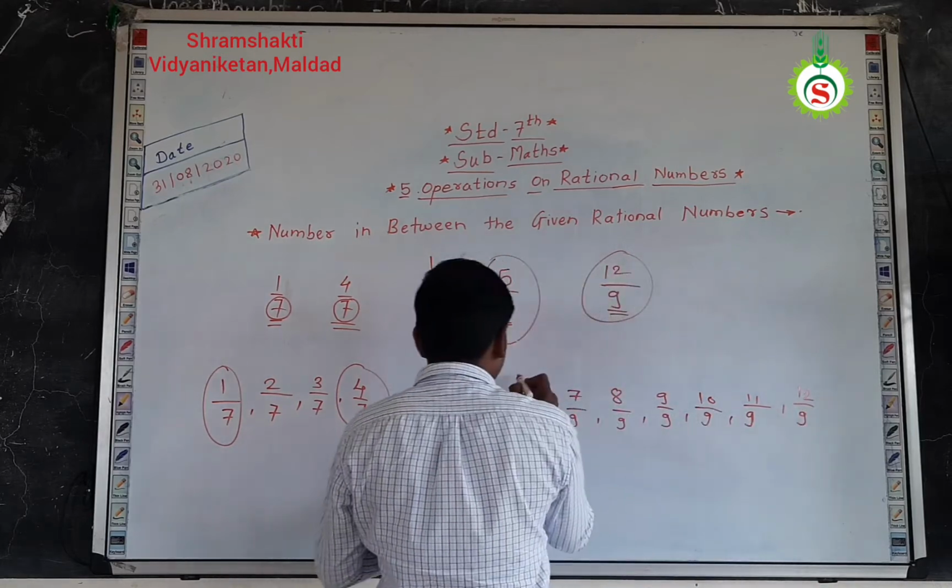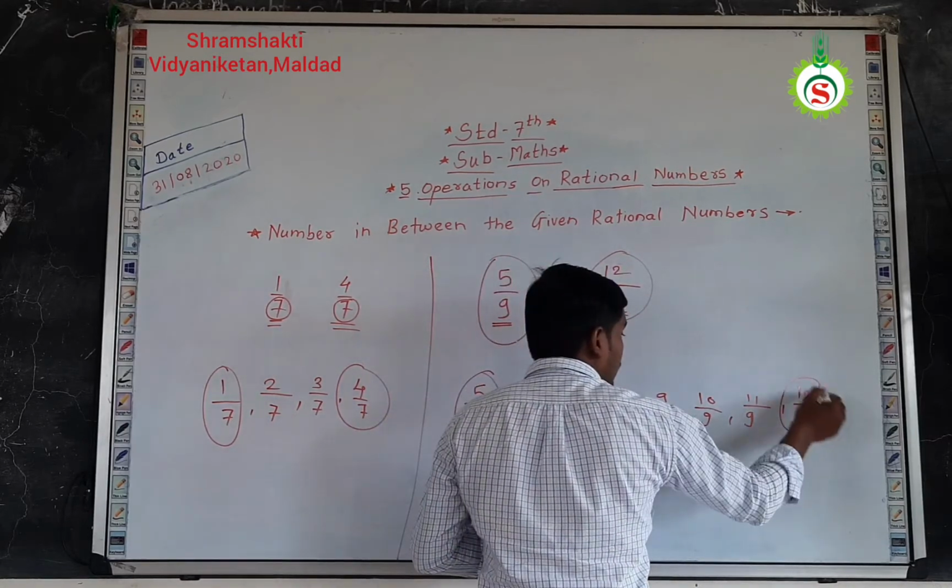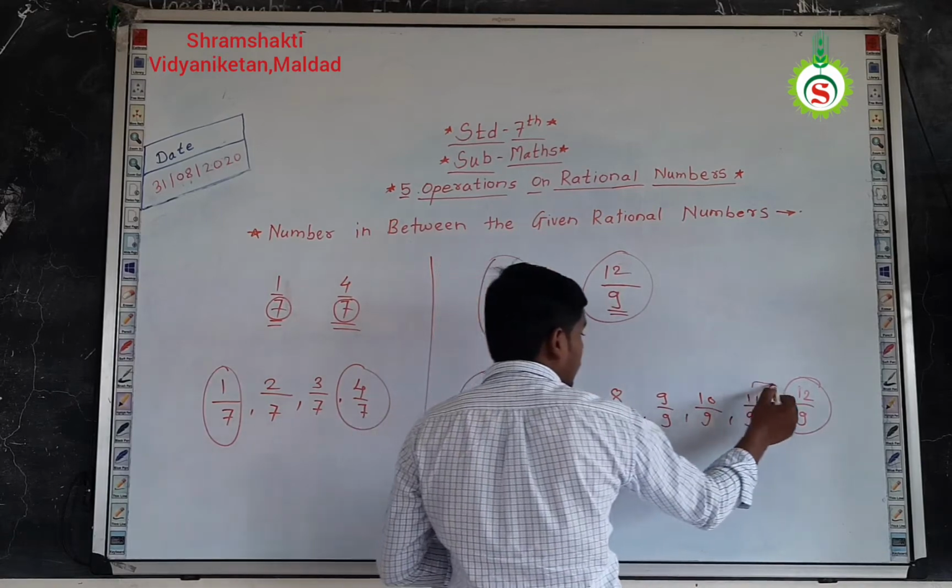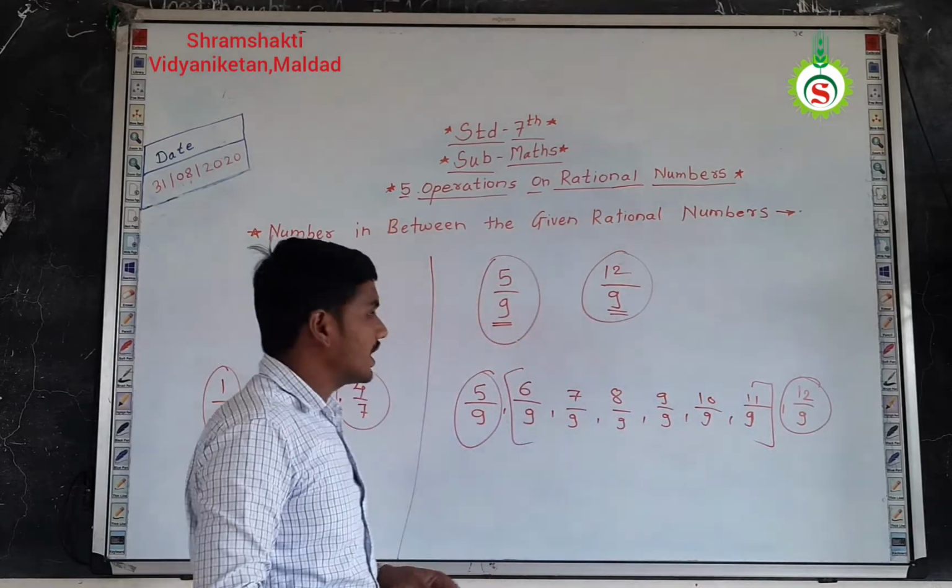Those are the rational numbers in between 5 by 9 and 12 by 9.